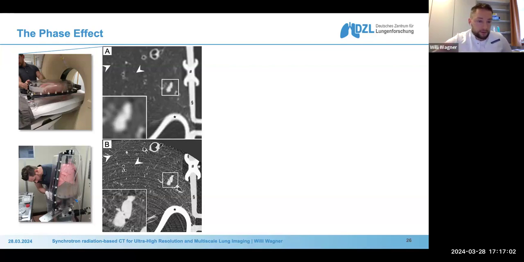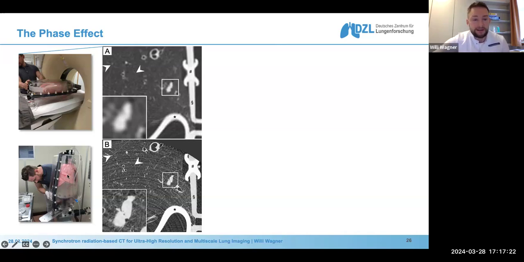But Christian's idea was to take this phantom and put it into the synchrotron. And it did take a little bit of adaptation to mount it in a vertical way because it was used to laying flat. But we managed to do it, and we were able to look at the same lung.